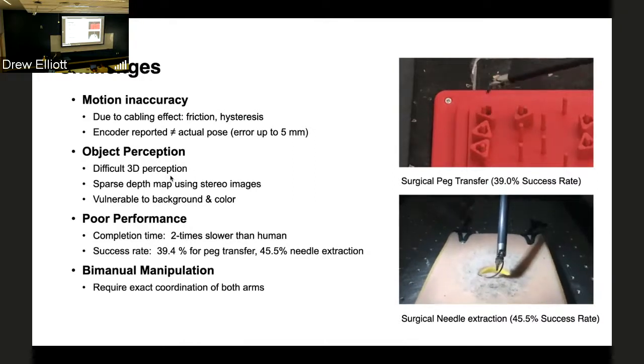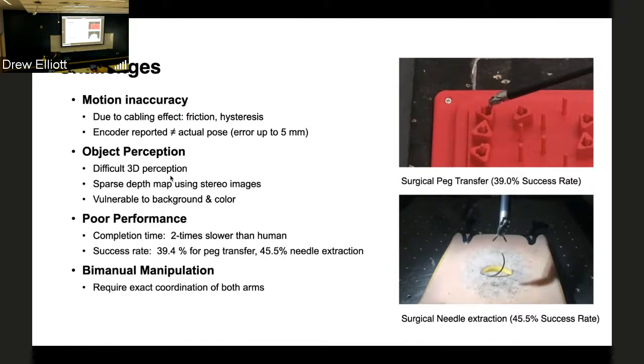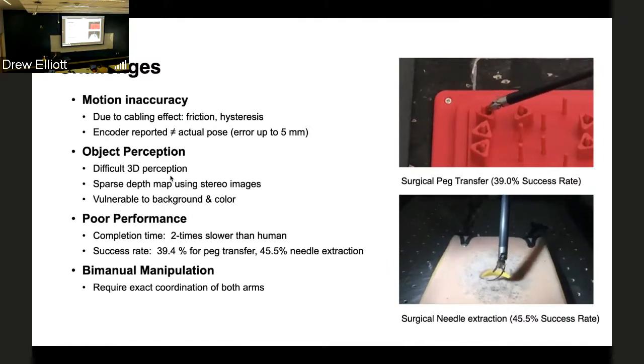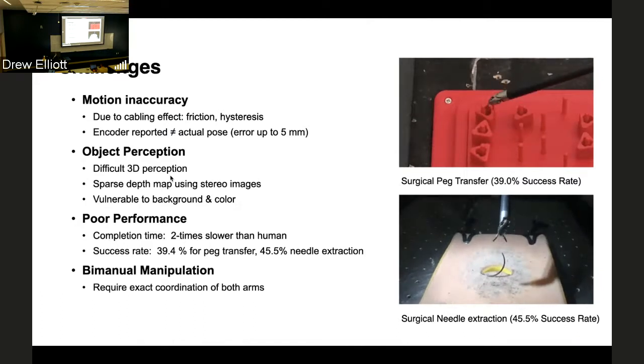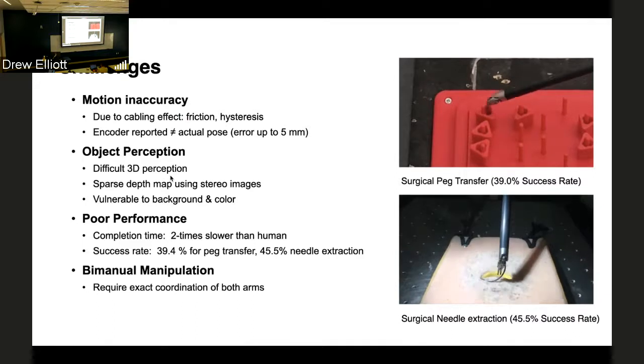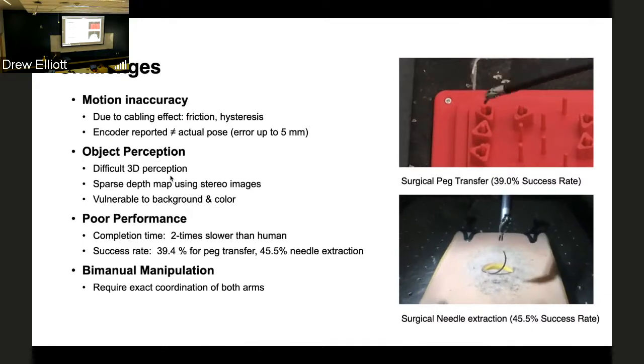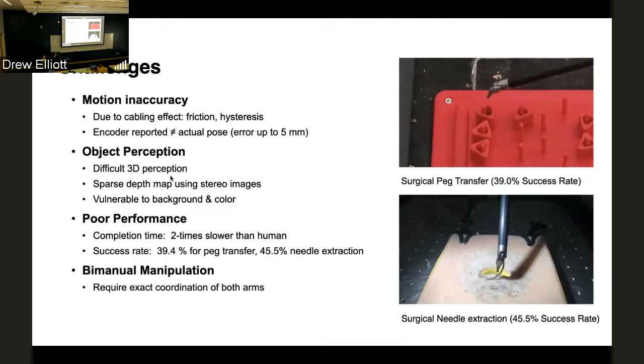When we did some studies of this, we found the errors were up to 5 millimeters in terms of repeatability. Then the second is perception, which can be challenging. In this case, we colored the pegs and blocks both red to be a little more realistic to surgery, and so you have some challenges for perceiving where they are.